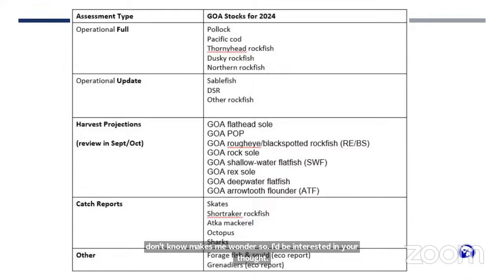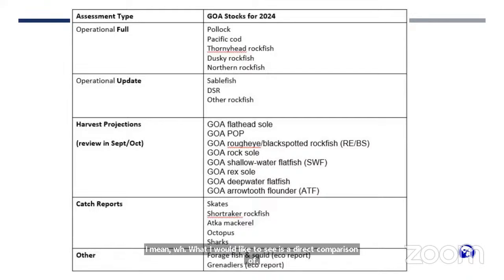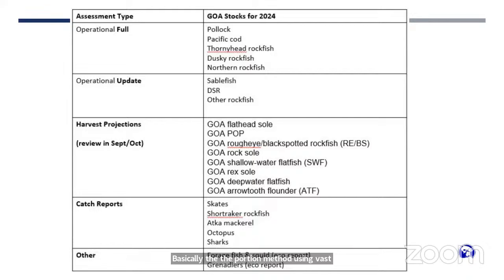Yeah, I mean, what I would like to see is a direct comparison of basically the apportionment method using VAST as proposed, plus an implementation with a VAST model that assumes basically an AR1 process for the intercepts as well as the spatiotemporal fields. It's going to serve to smooth things out even more than they are already smoothed.